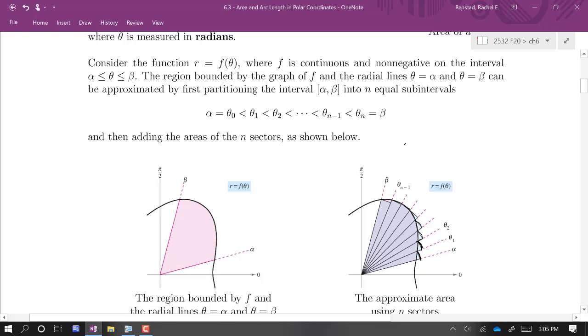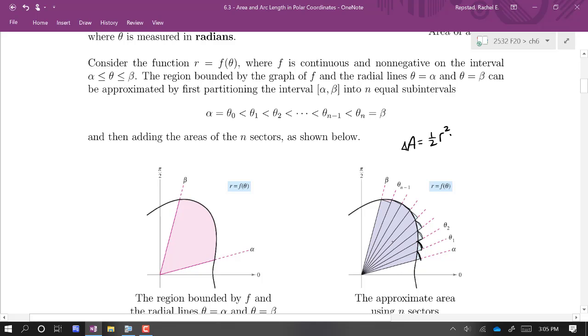Each one of these sectors has area 1/2 r squared times theta.